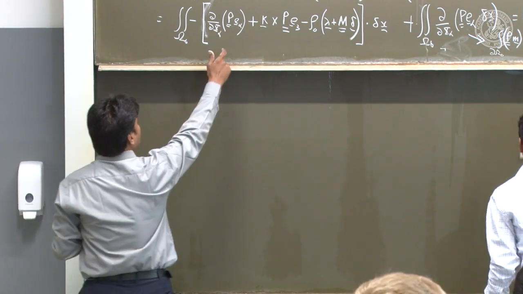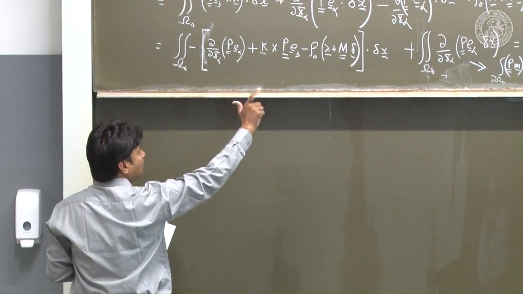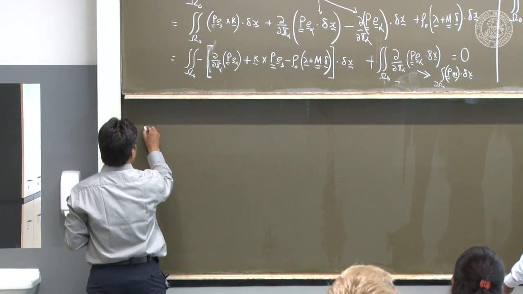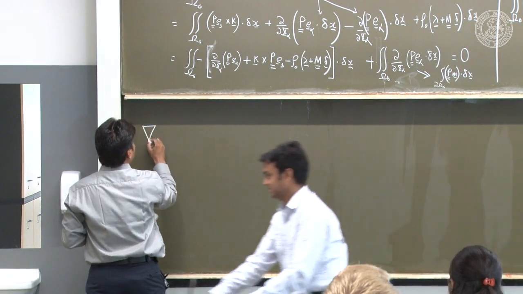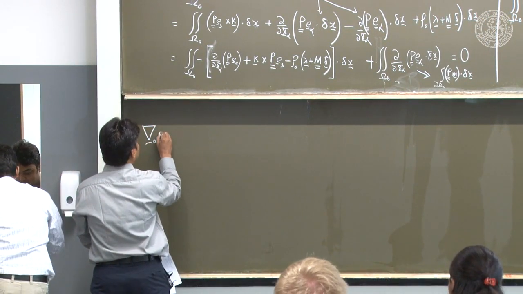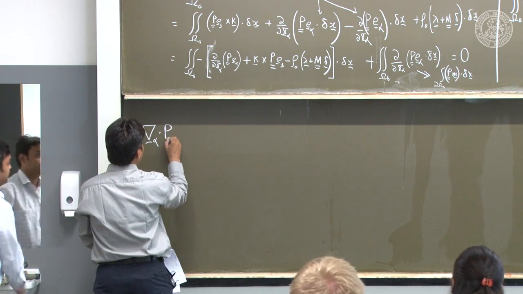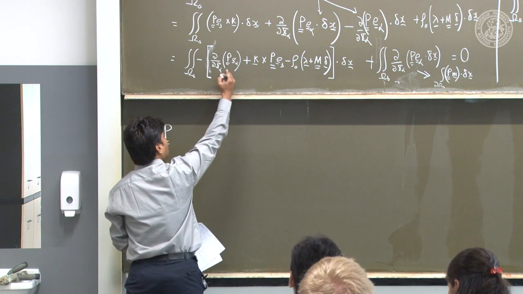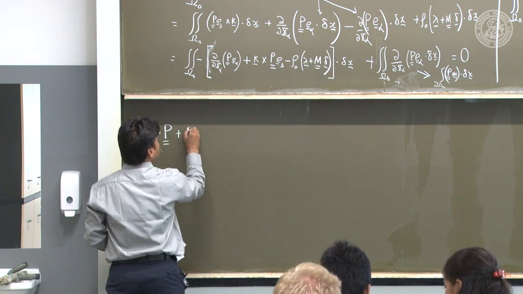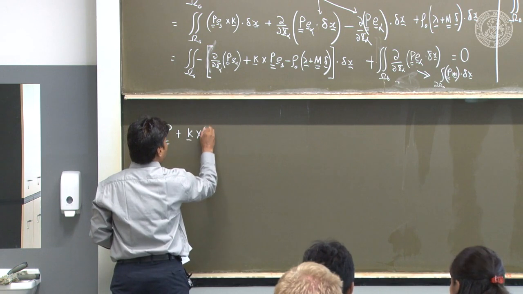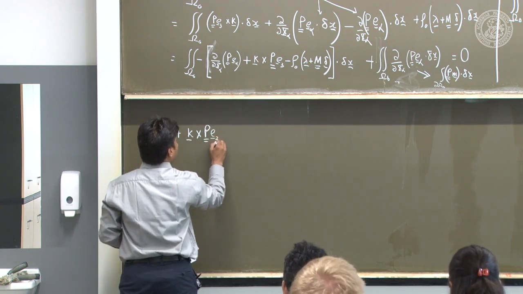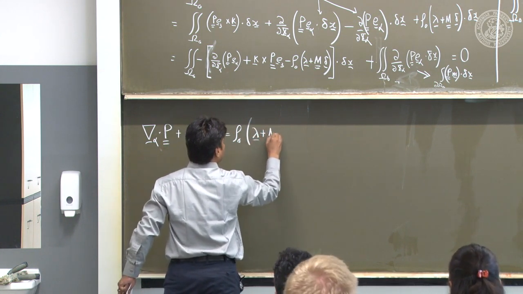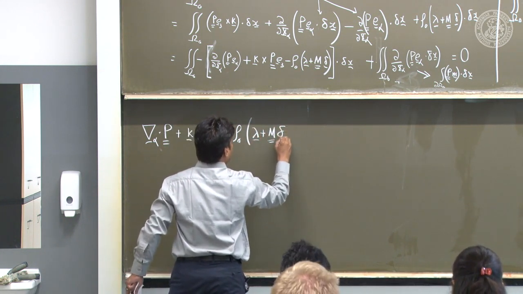So, you can set both of them separately equal to 0, and the first term is simply the divergence in the cross section of P, which is a shorthand notation for what you have over here, plus K cross PE3 equal to rho naught times lambda plus m delta.